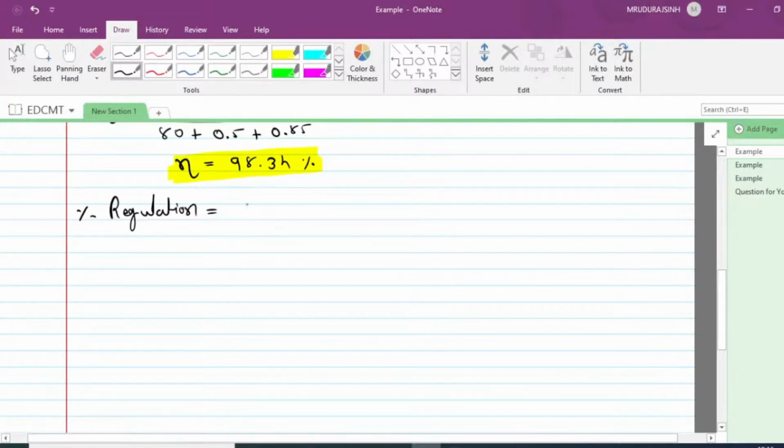The equation for the percentage regulation when the power factor is lagging is I1 R01 cos phi plus I1 X01 sin phi, divided by V1, that means the no load voltage, multiplied by 100 because we need to calculate this in percentage.